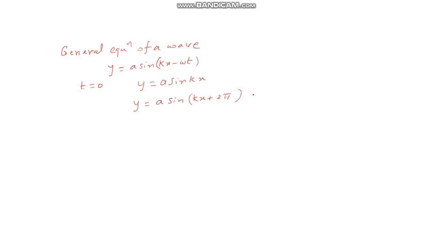The value will not change because a sine function basically has a periodicity of 2 pi. This is 0, this is 2 pi, and this is 4 pi. So after every 2 pi, the sine function will repeat itself. So the period of a sine function is 2 pi.